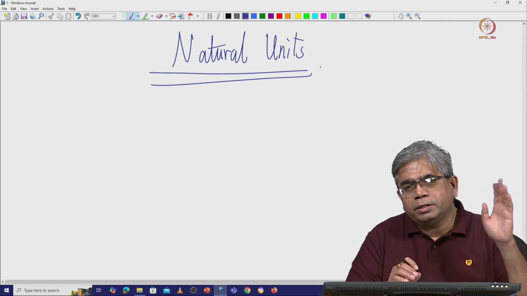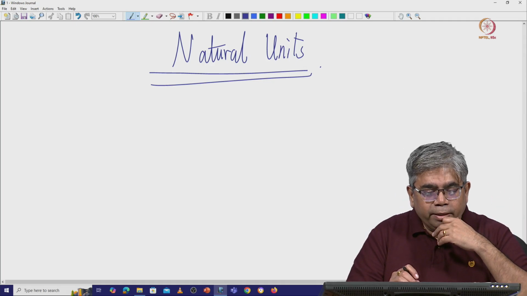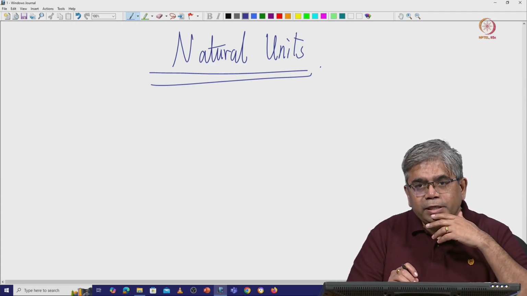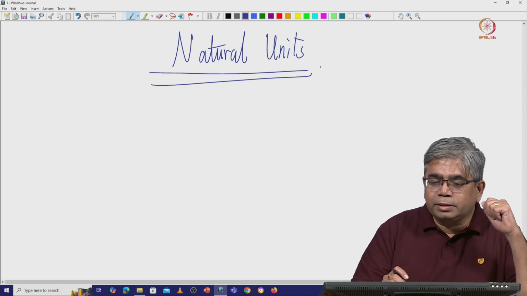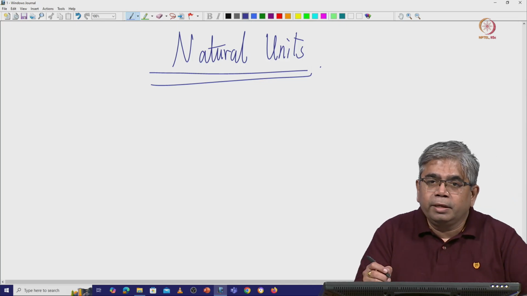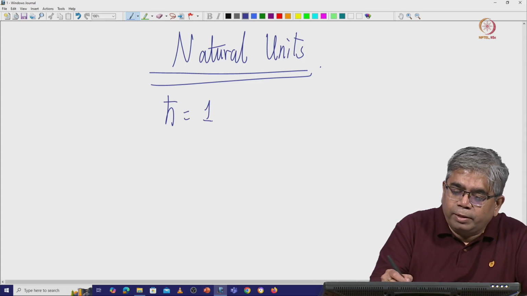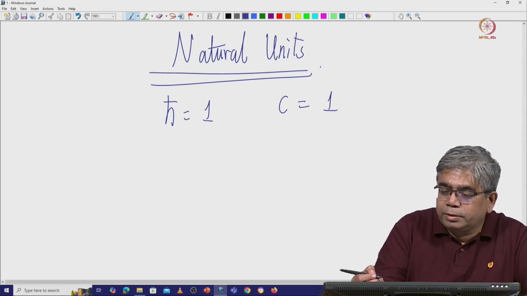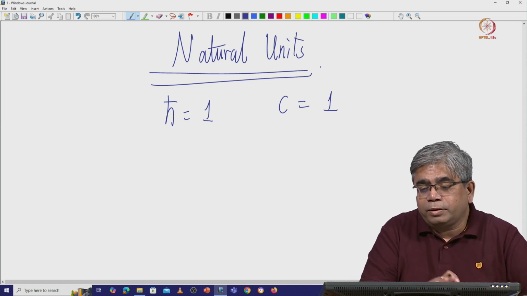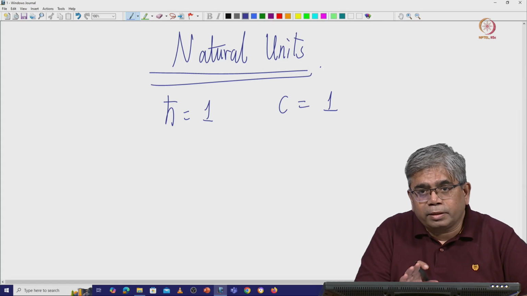Similarly, you can do the same thing in special theory of relativity, where c appears naturally. But when we move to the relativistic regime and study quantum mechanics there, it is much more fun to use natural units, in which we set h cross equal to 1 and c equal to 1.